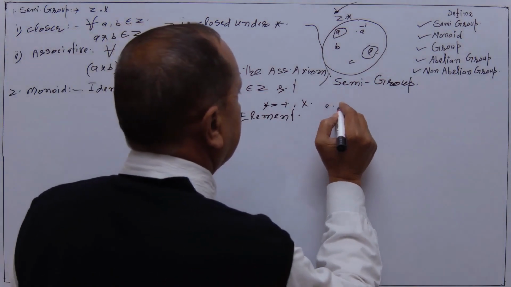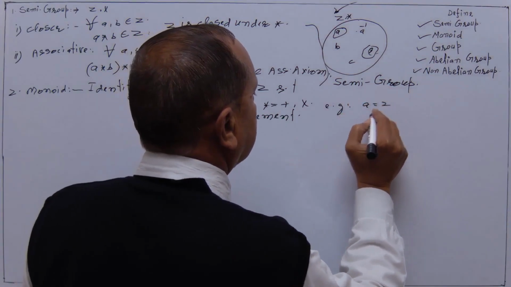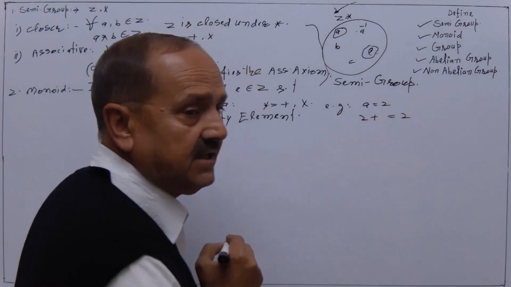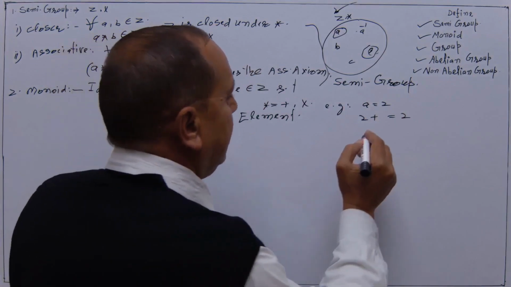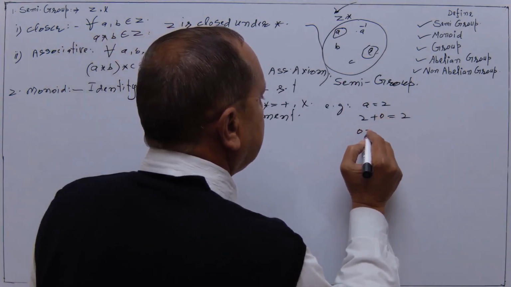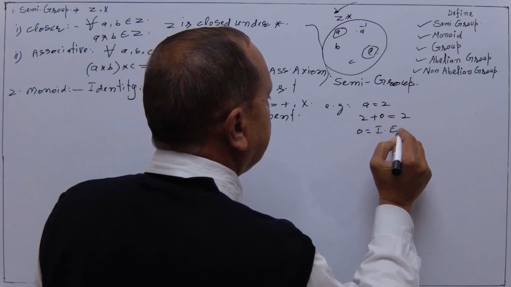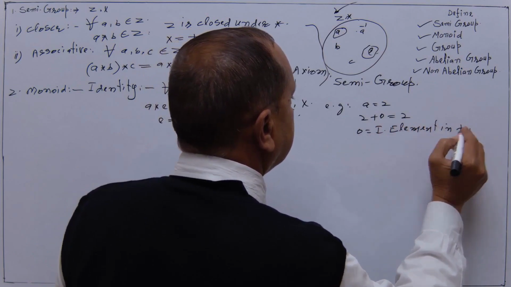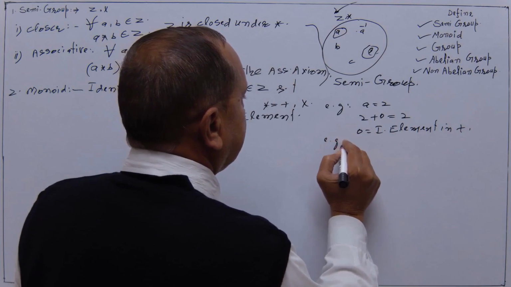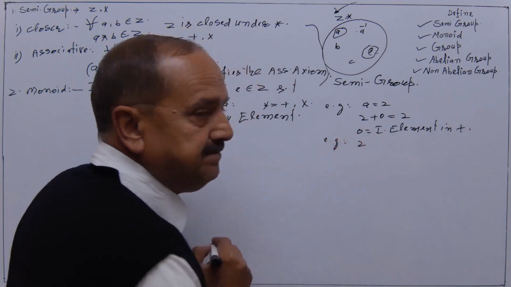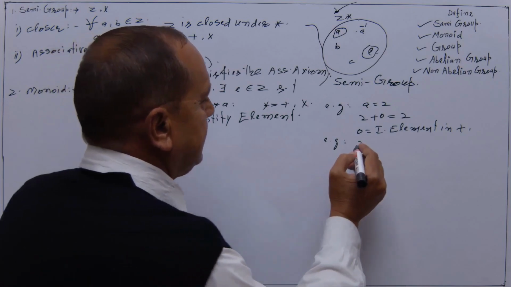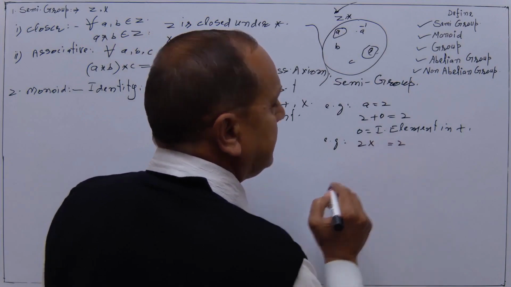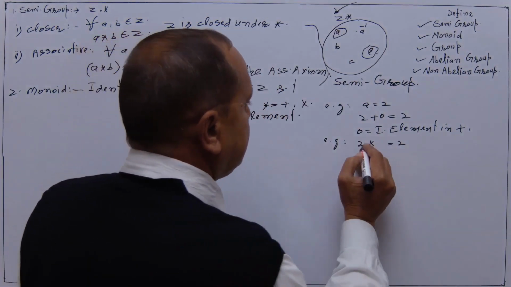For example, if a is equal to 2, then 2 plus identity element is equal to 2. So which number do we add to 2 so that we again get 2? That is 0. So it means 0 is the identity element in addition. Example second, in case of multiplication, let the element be 2 multiplied by what number so that it again gives the same value, that is 2 into 1.